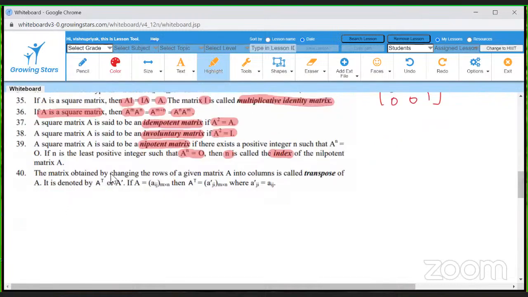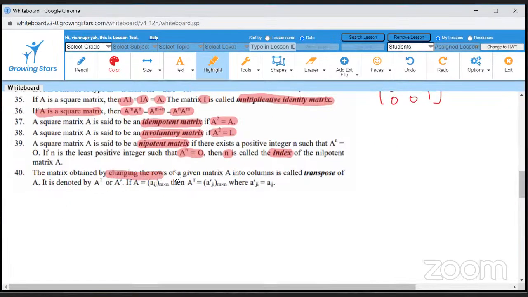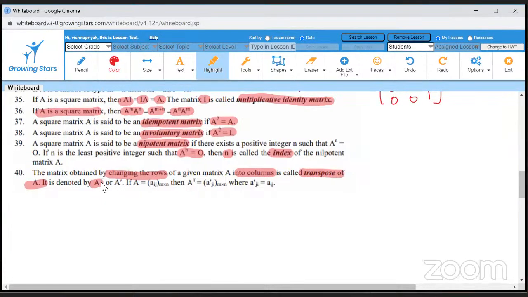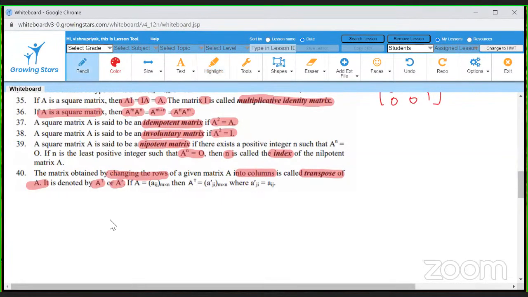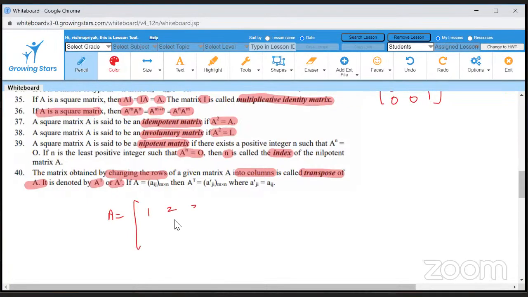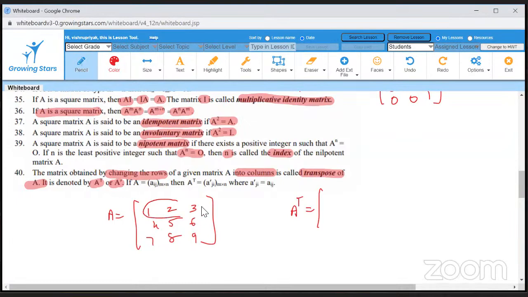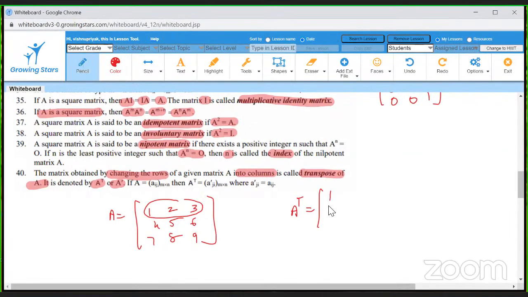Now, if you change the rows into columns, you get transpose of the matrix. You denote it by A T or A dash. Example, suppose if I give you 1, 2, 3, 4, 5, 6, 7, 8, 9, then A transpose means make this row as column 1, 2, 3.